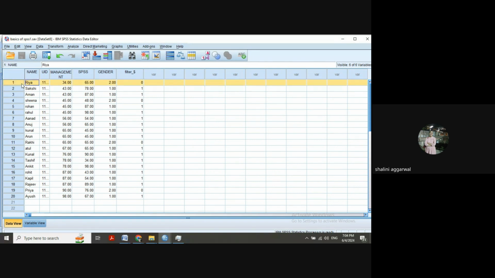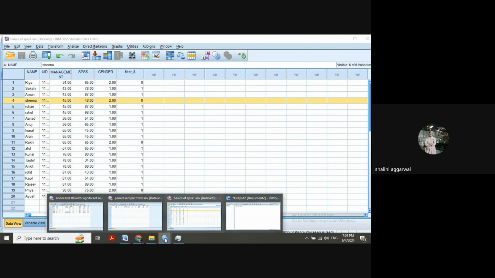This is the data of the first respondent that I have filled. This is the data of the second respondent, third respondent with respect to name, UID, does it belong to management department, SPSS, gender. So these are the variables on the top, right? And you fill the records row wise. These are the two views of the SPSS, right? So let me take you.